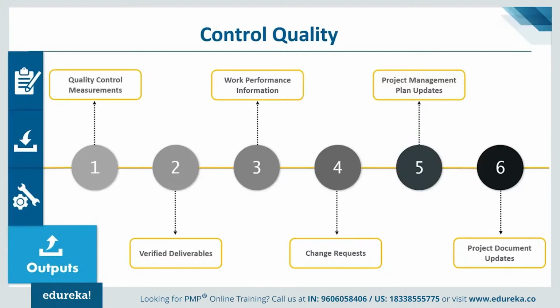When we ensure that we are implementing these processes as a project manager, as a team, in a way, we are assuring our customer that what we are building in the form of that product, service, or result is fit for your use and is as per the expectations that are given by you. That confidence we can give to the customer by implementing these quality management processes.